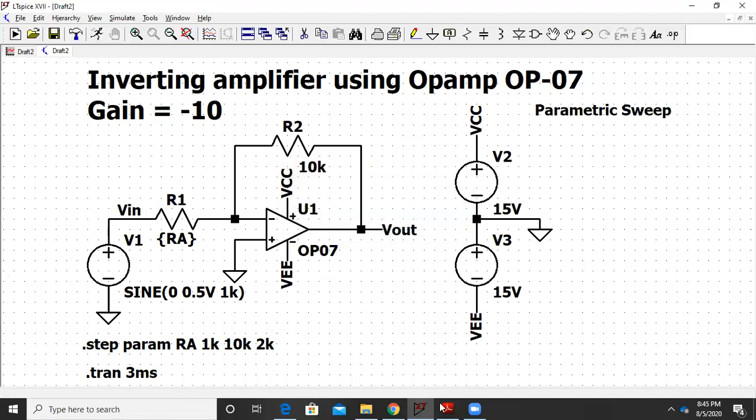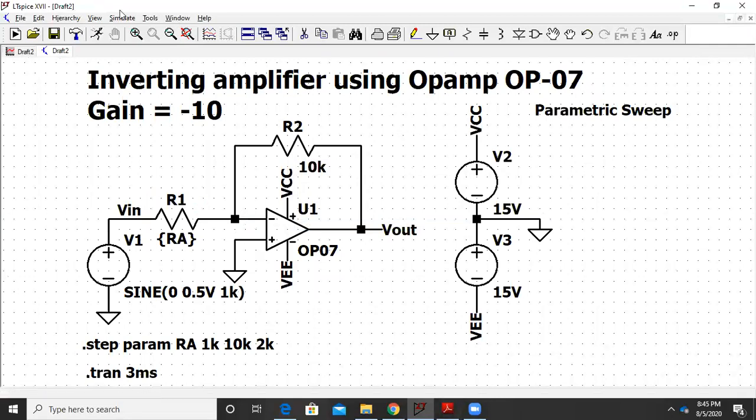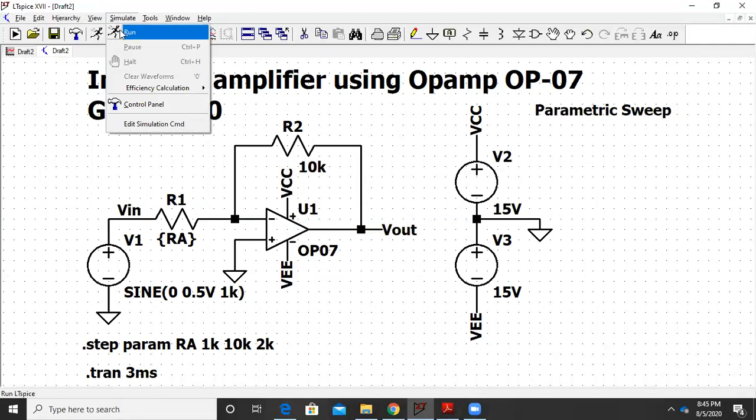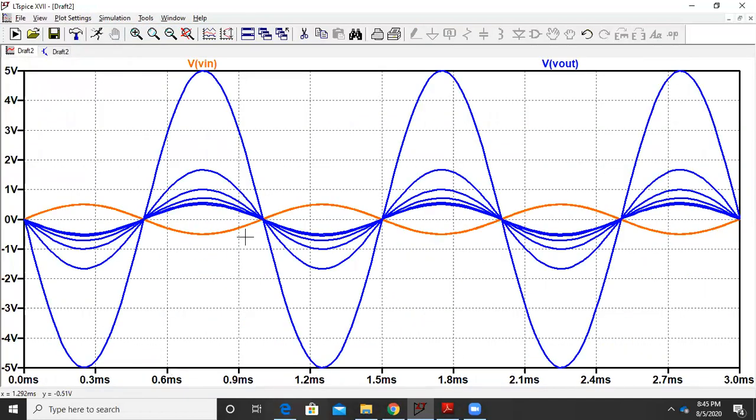Is that the requirement given? Yes, it is a 0.5 peak sine wave. So let us see what is going to happen at the output. Okay, so that's what we are getting over here. We are getting various outputs for a single input. We applied a single input and would expect to get only one output.